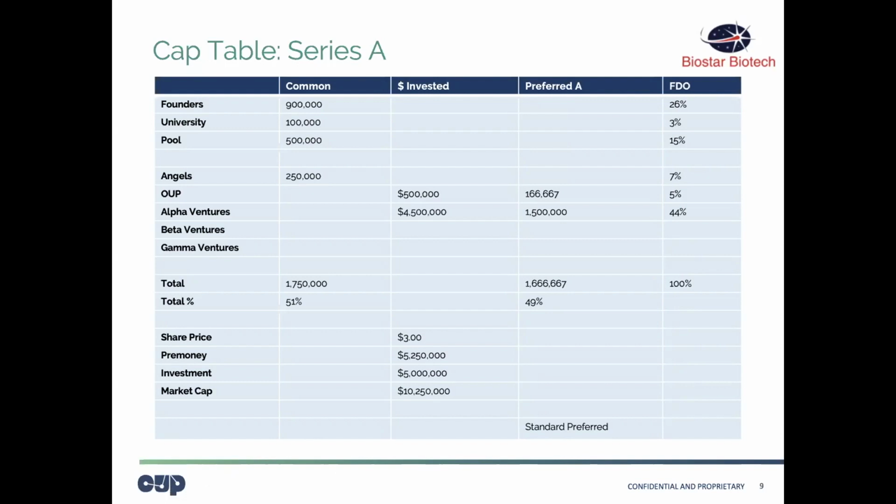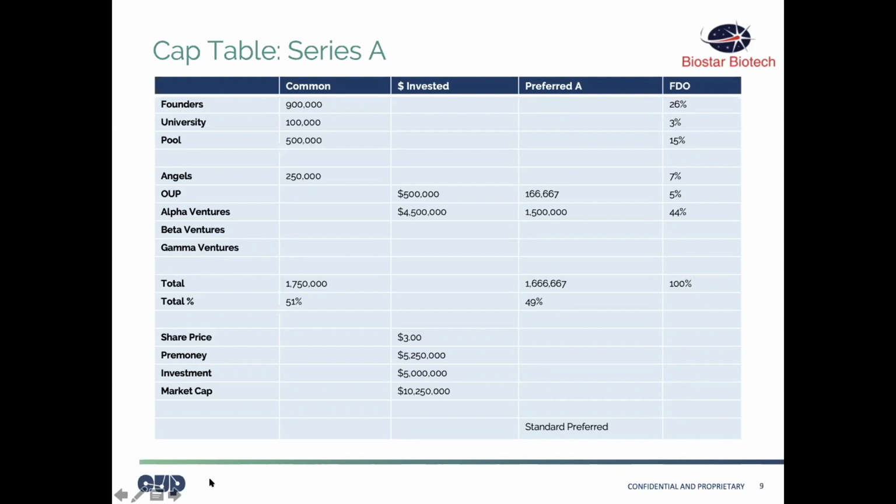And you can see the fully diluted ownership on the far right. So the founders have now diluted from 90% to 72% to 26%. The university's down to 3%. The pool we just put in. The angels diluted, and you can see OUP bought its 5%, and Alpha has 44%.